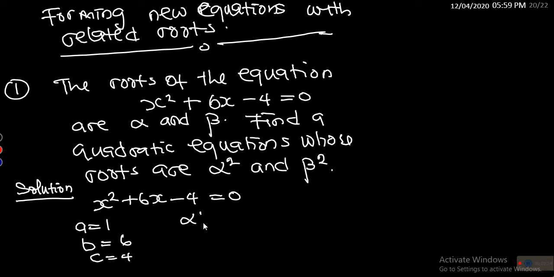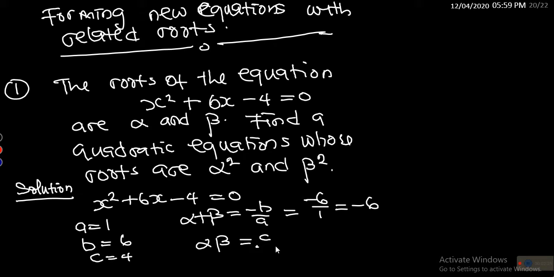So the sum of the roots, which is minus b over a, is minus 6 over 1, which is minus 6, and the product of the roots, alpha beta, which is c over a, equals minus 4 over 1, which is minus 4. Then you are done with step 1.